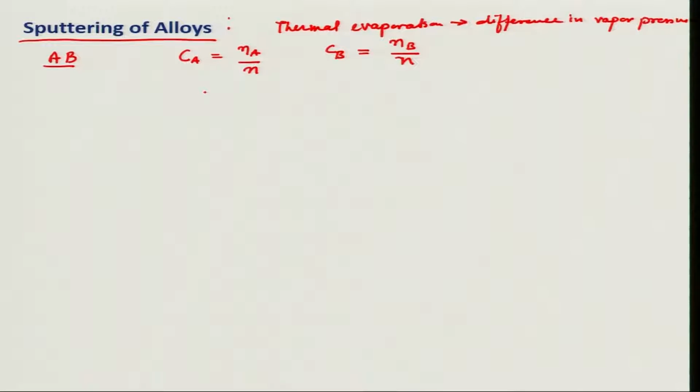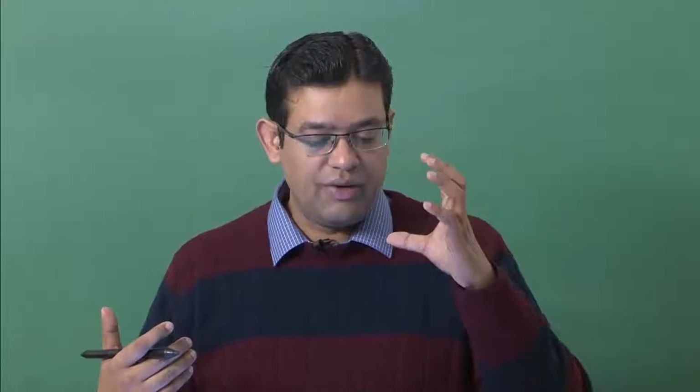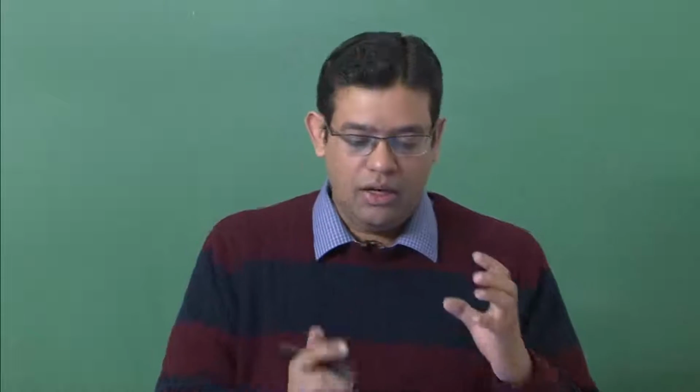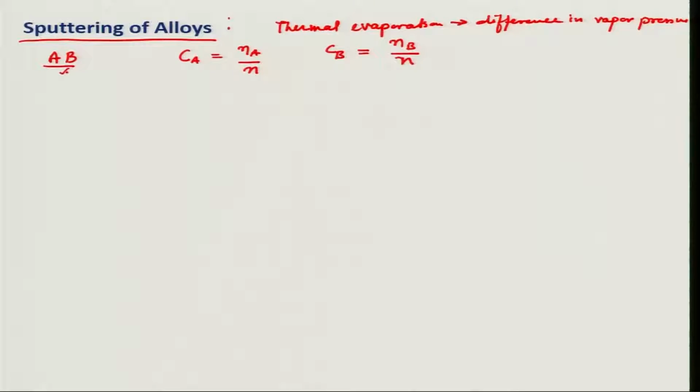The energy of the ion is fixed because our target is the same, made of an alloy AB with a certain composition. Now, the sputtering yields are different, Sa and Sb. So, the sputtered flux will depend on the concentration and the sputtering yield.